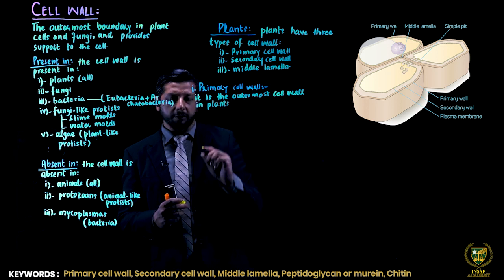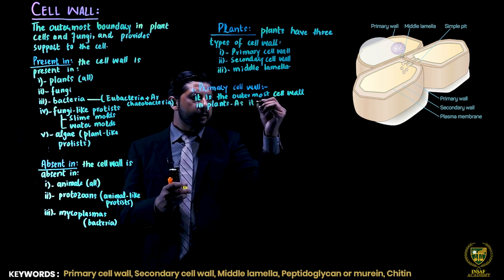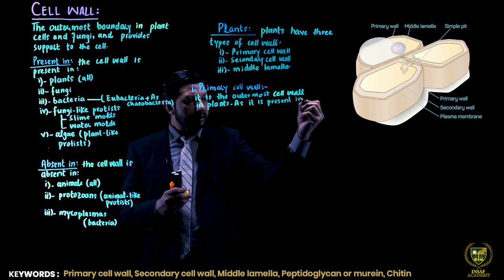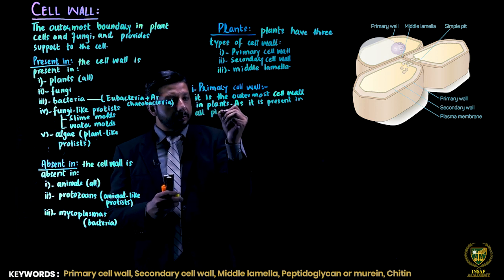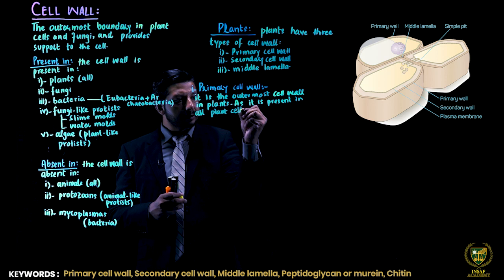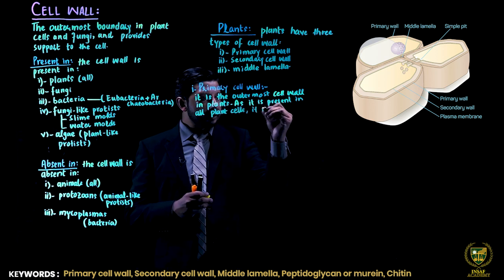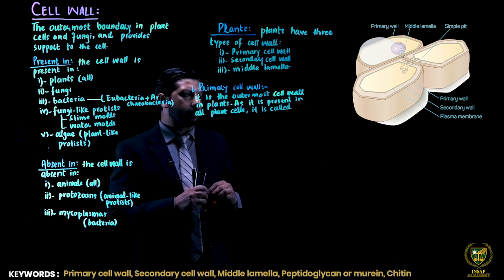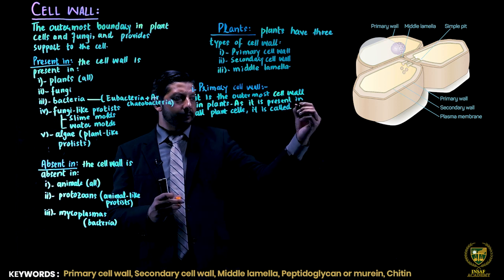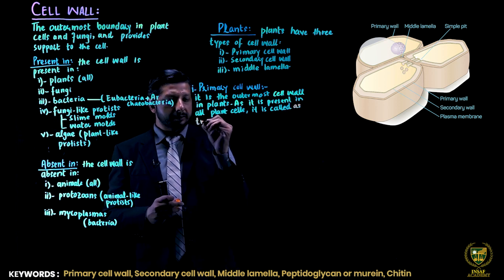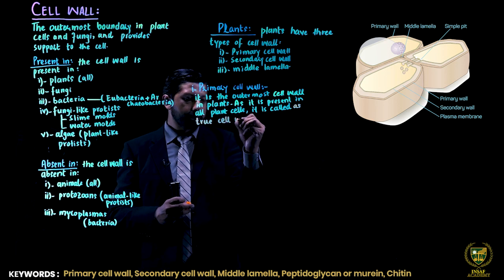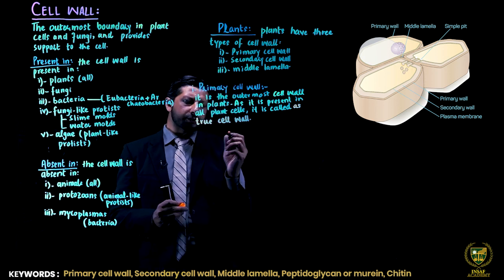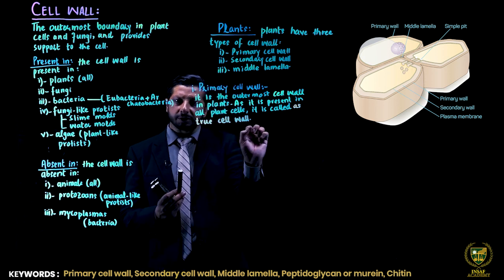Clear? This is the outermost one. As it is present in all plant cells, it is called the true cell wall. Because it is present in every plant cell, that is why it is also called a true cell wall, the primary cell wall. Mark this in your book for MCQs.